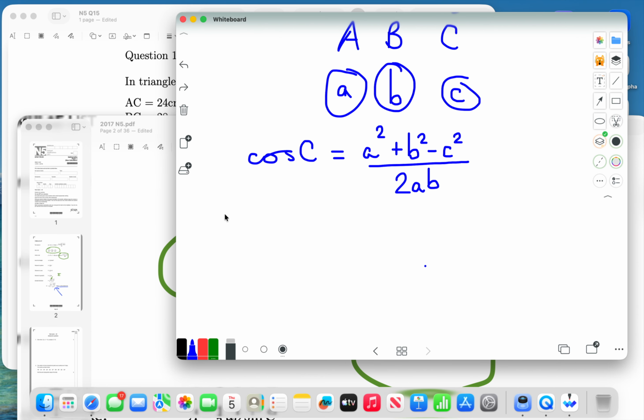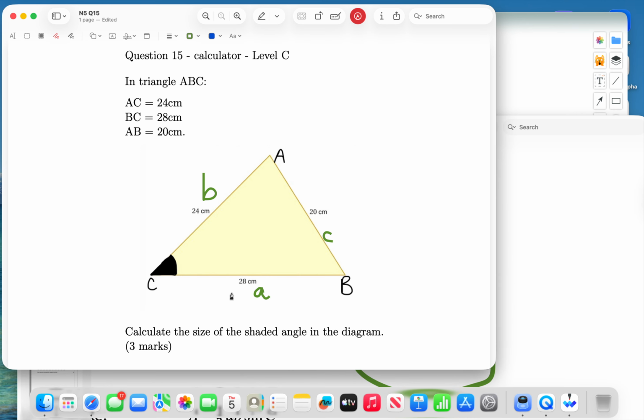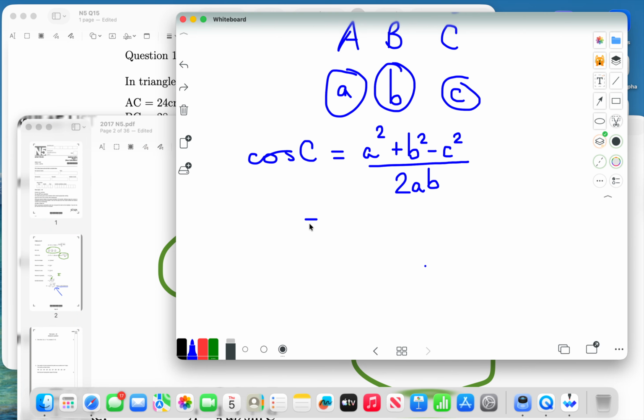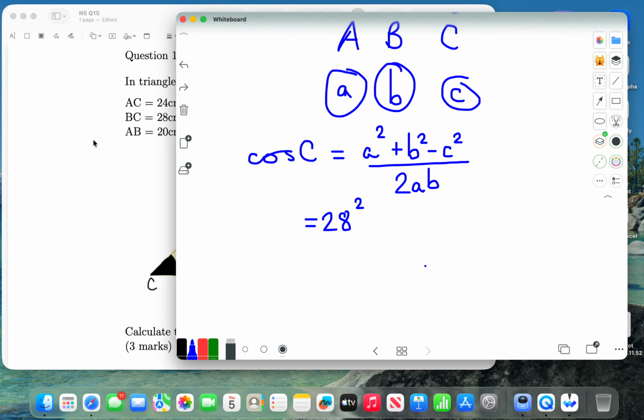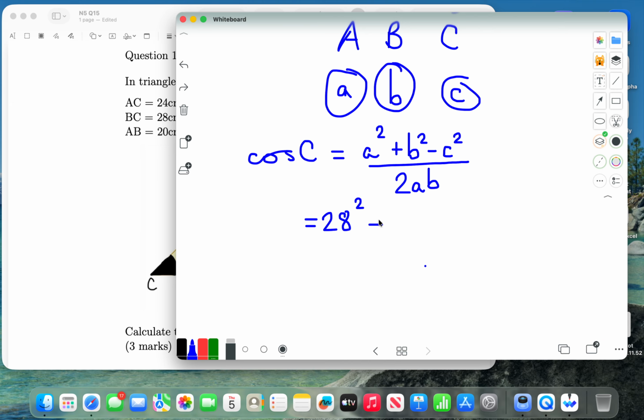So substitute what we know. So side A is BC, that's 28 squared. We have B is 24 squared.